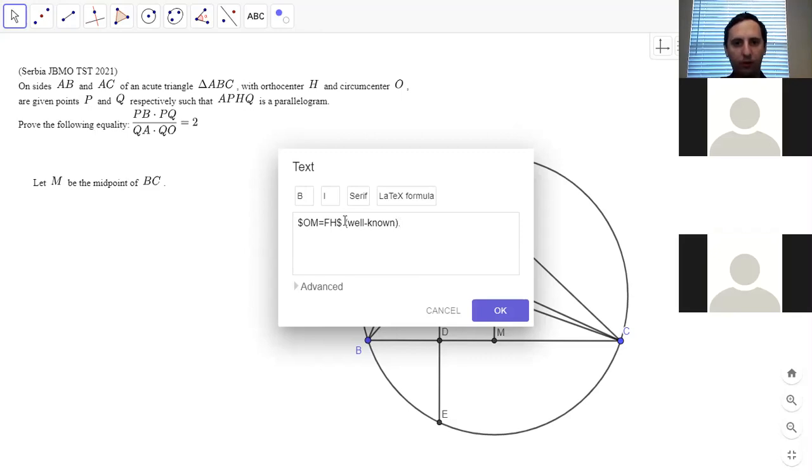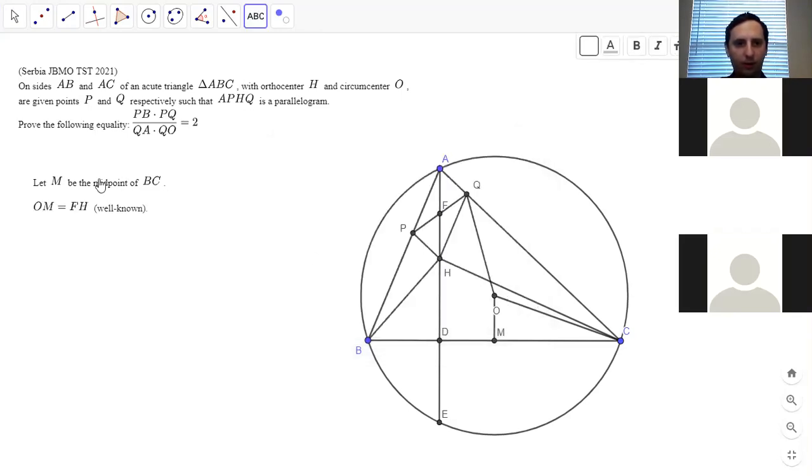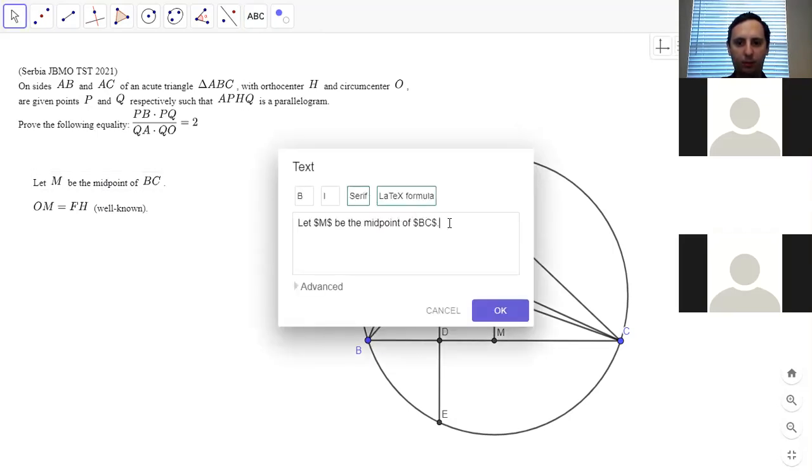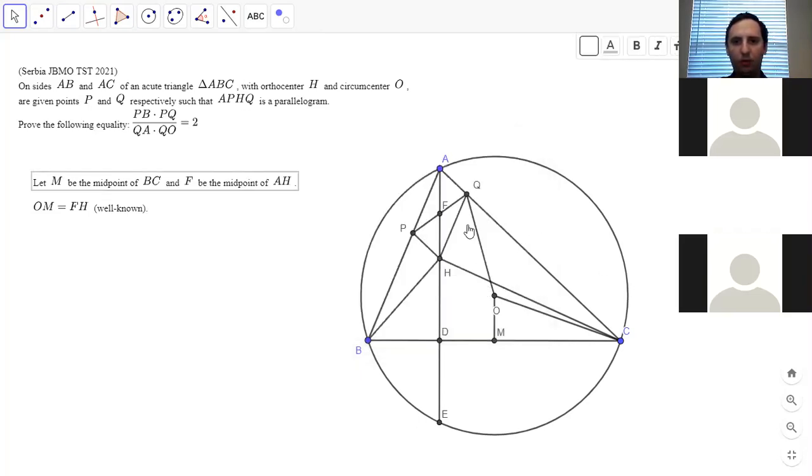So that's well known. I'll just start out up here, and F is the midpoint of AH. So basically triangle OMC is similar to QHC.